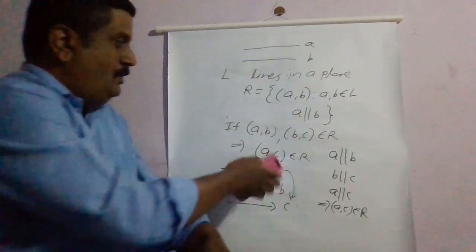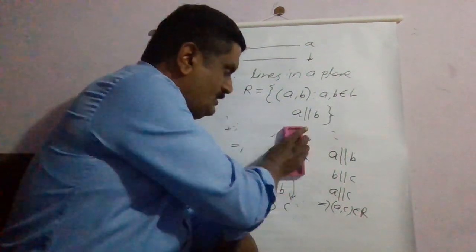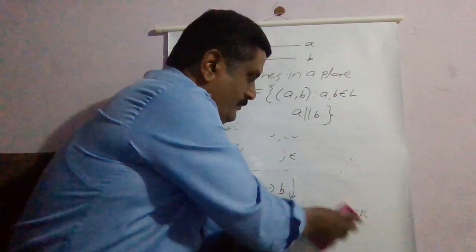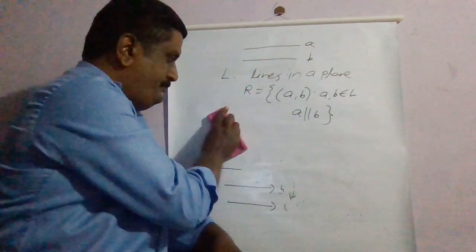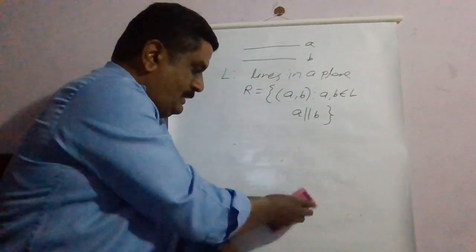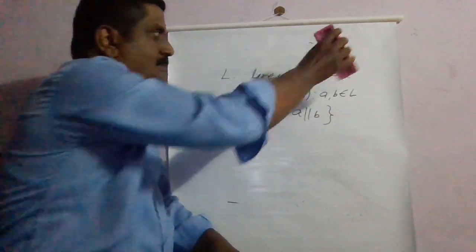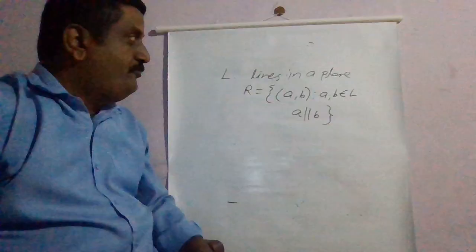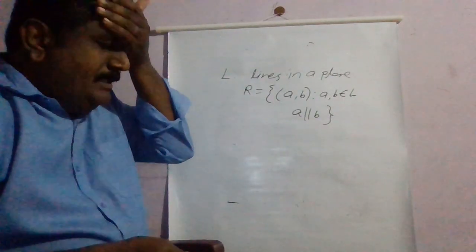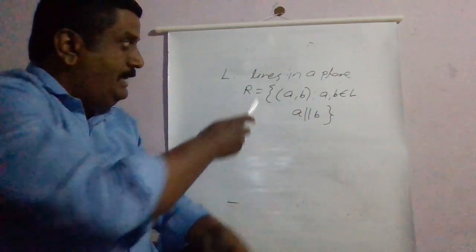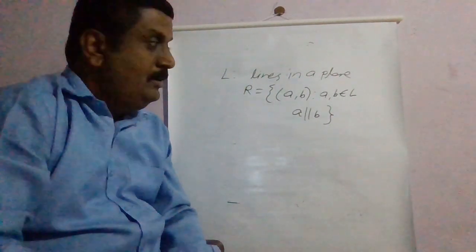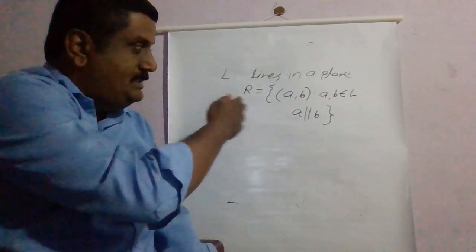Then in the same way, we can see one more example. The relation is defined on the same set L, the set of all lines in a plane, but the relation is a bit different.